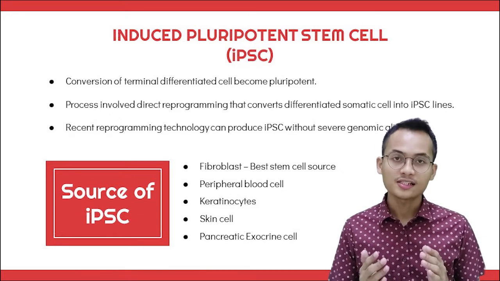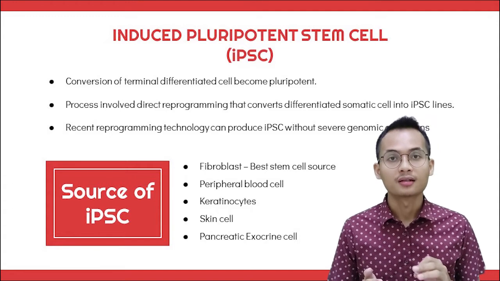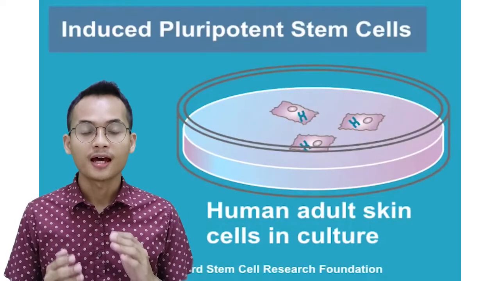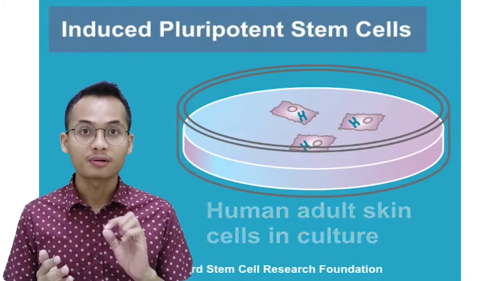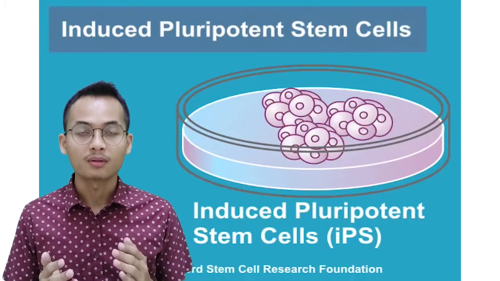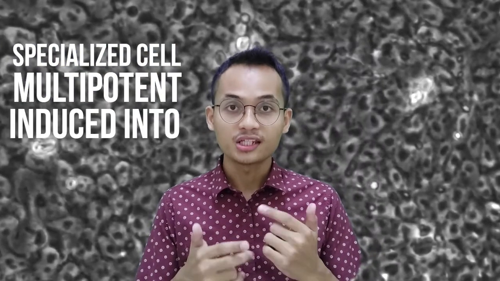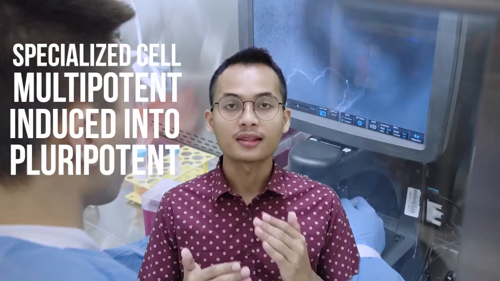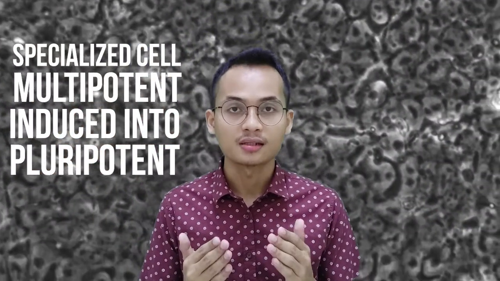iPSC is the hottest topic discussed in stem cell research. This is because iPSC is a reprogrammed or engineered stem cell to become pluripotent again. The already specialized cells, multipotent, will be induced into pluripotent stem cells to make them behave like ESC.